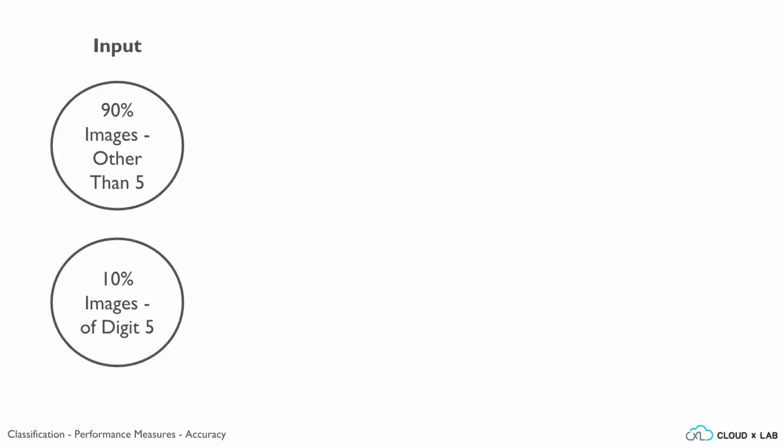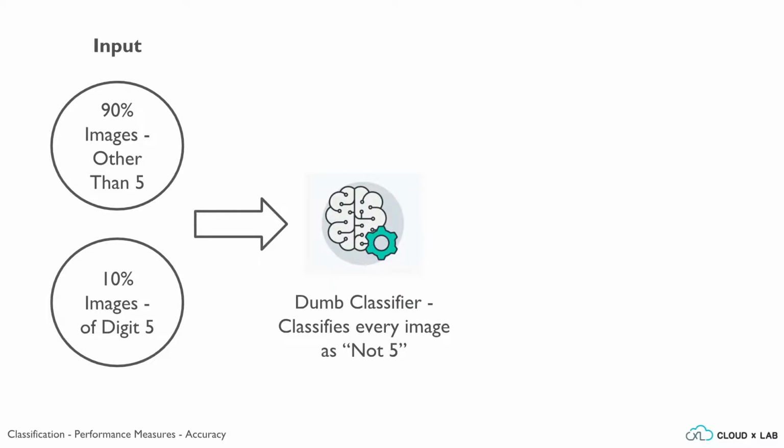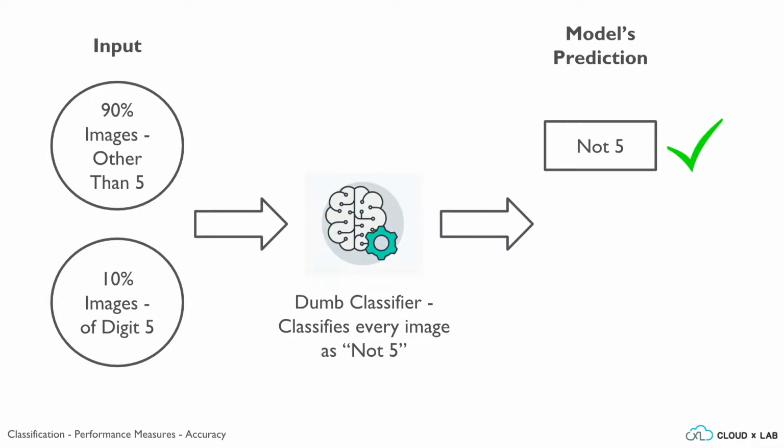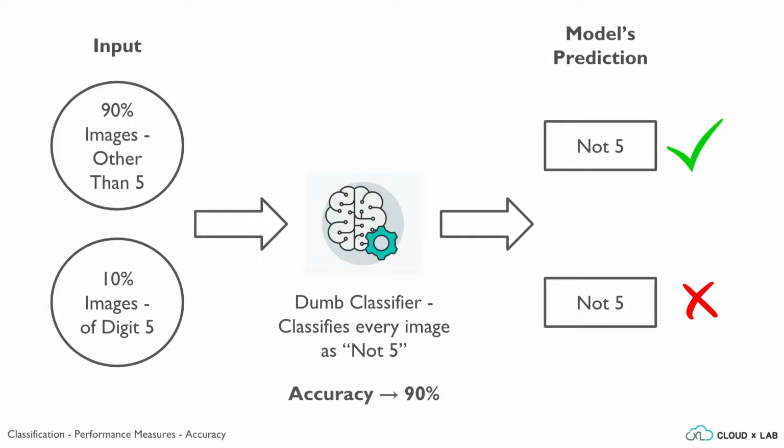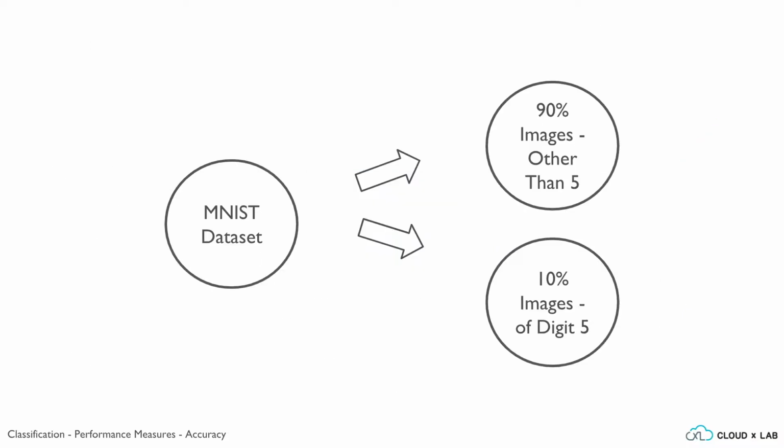Since the dumb classifier classifies every image as not 5, it will classify 90% images correctly, but 10% images of digit 5 incorrectly. So the accuracy of even this dumb classifier will be 90%. This is simply because only 10% images are of 5.